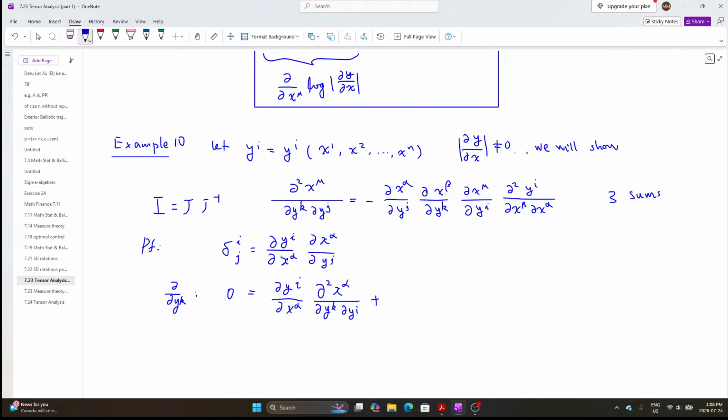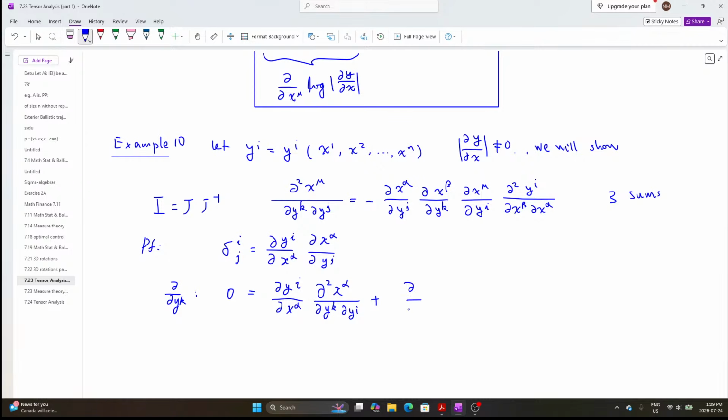Now you have to differentiate the factor dyi over dx alpha. To do that, you need a second derivative, don't you? Hold on a second.